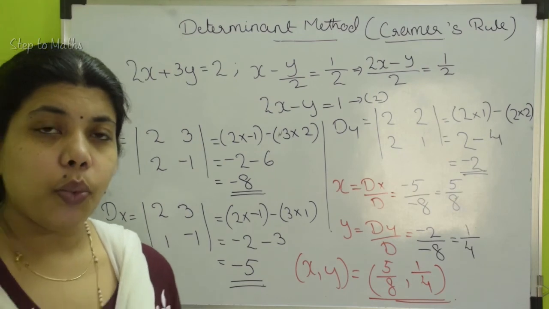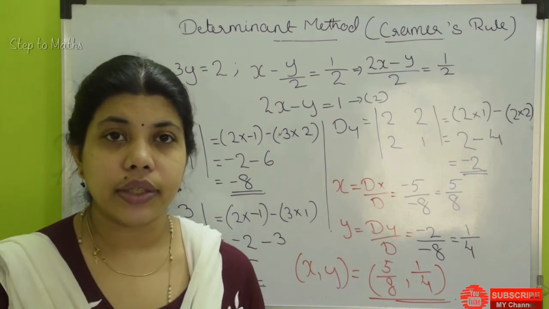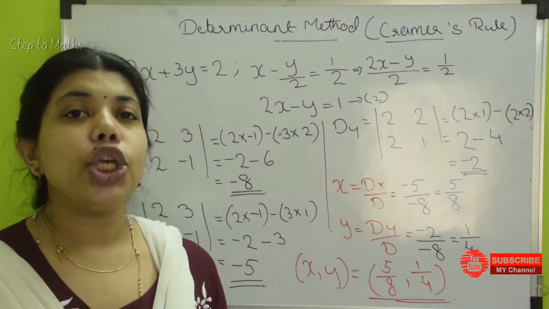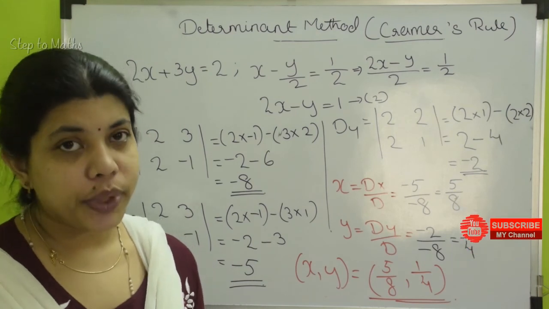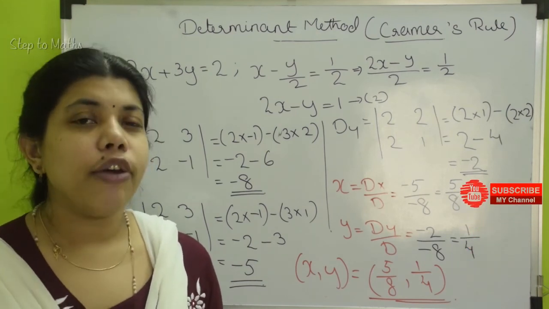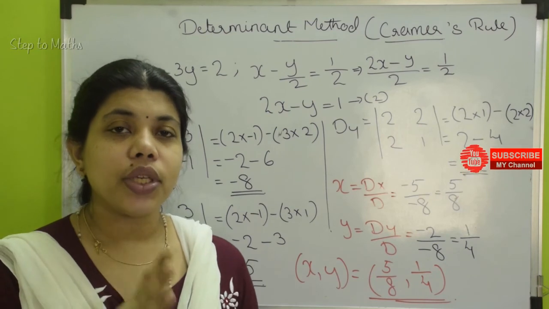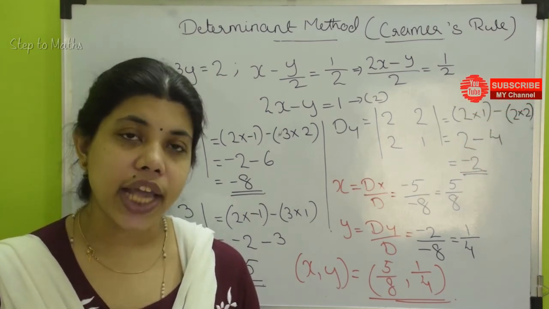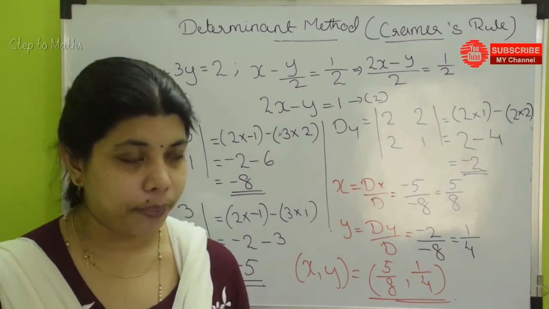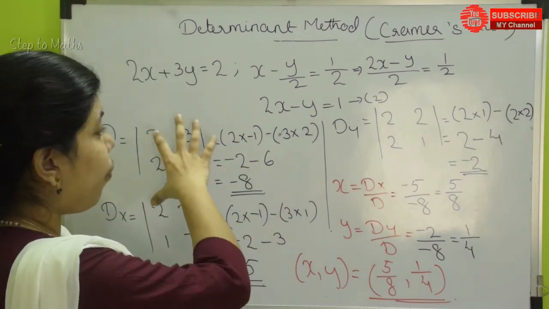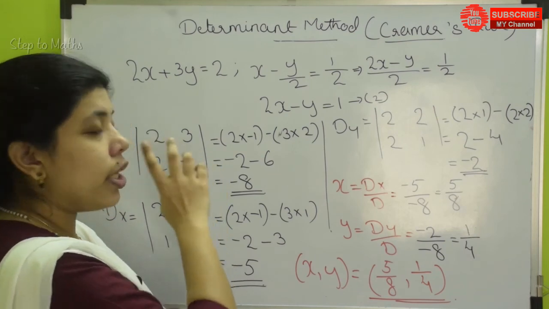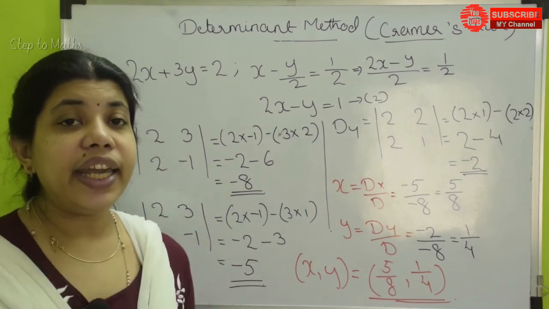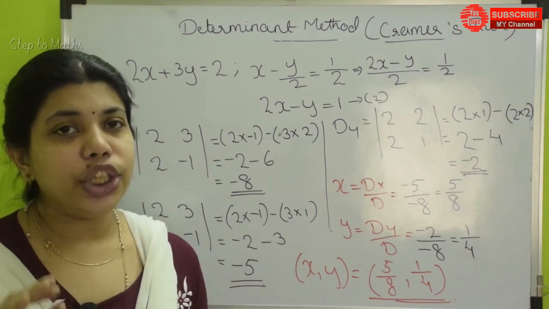In this way, we can solve simultaneous equations using Cramer's method or determinant method. For that, first write the given equation in the form of ax plus by is equal to c. Then find out the values of three determinants, d, dx and dy.